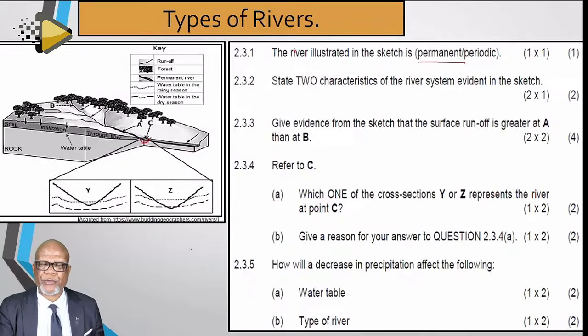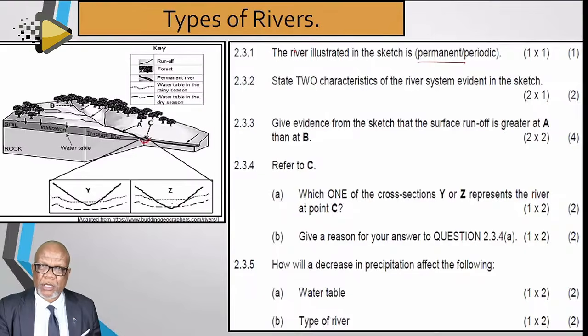You refer to this water table in the rainy season and the water table in the dry season. At both instances, the riverbed is always below the water table.